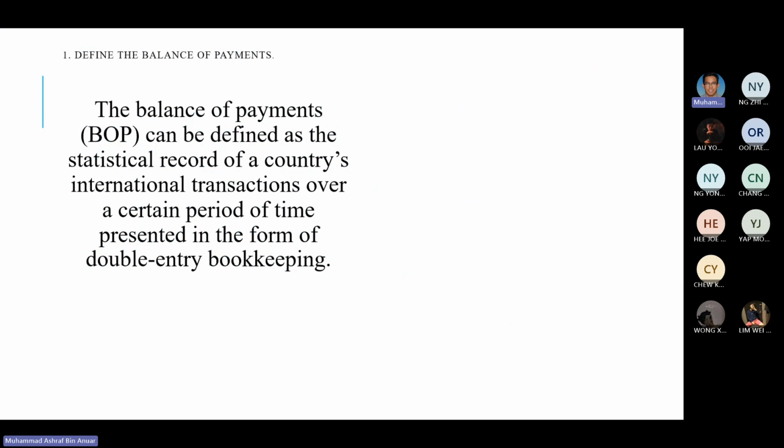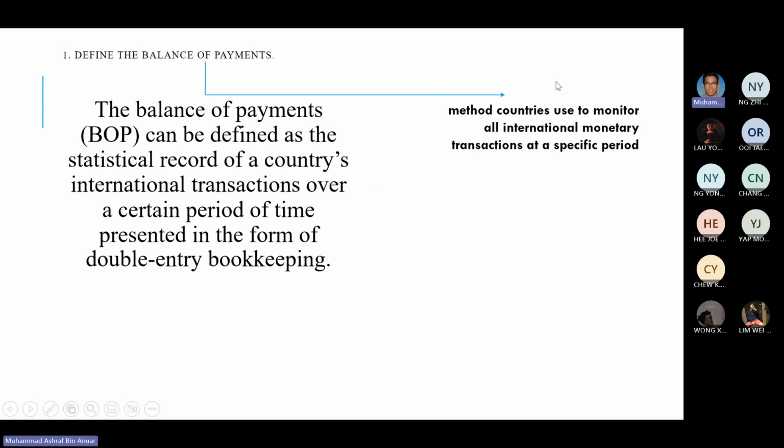All right, first question. Define the balance of payment. So you have to know what is balance of payment. This is the method the countries use to monitor international monetary transactions at a specific period.